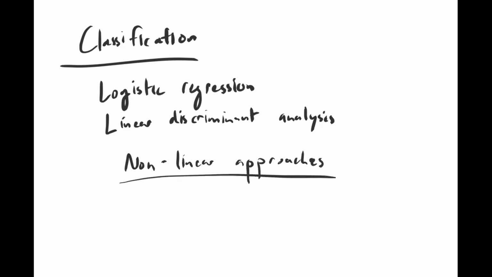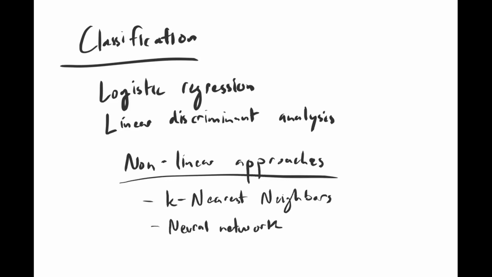And so here, this is our k nearest neighbors. The neural networks. And then just today, support vector machines.